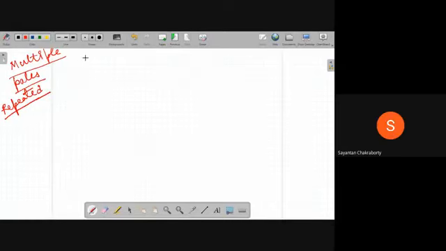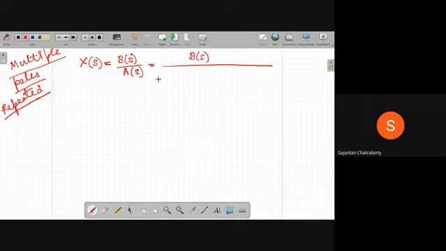Suppose your xs is given as bs by s such that there is some numerator and this can be represented as s plus p1, s plus p2, up to s plus p n minus r.